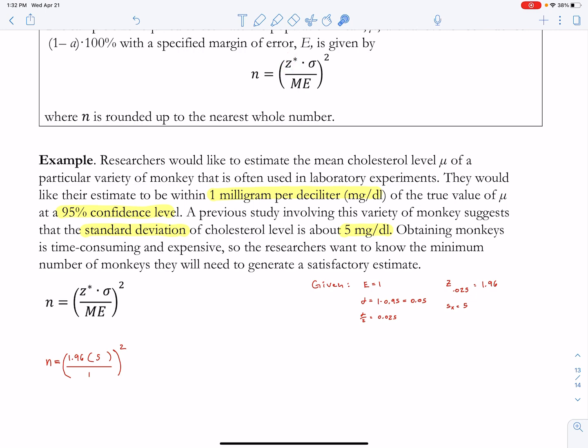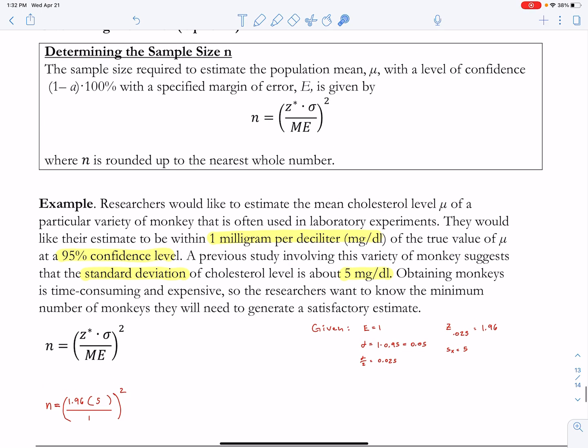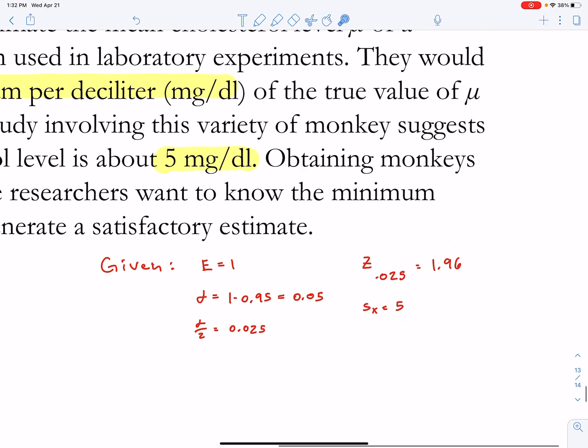There is a connection that could be made between what we were utilizing for our Z-score and our T-score, as well as your degrees of freedom and the normal distribution curve. But when we're trying to calculate our n, we're going to utilize the Z-score. So when we find our alpha over 2 and we get 0.025, that's what we want to look up inside the table.